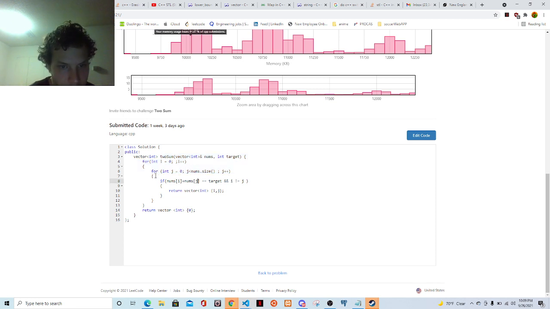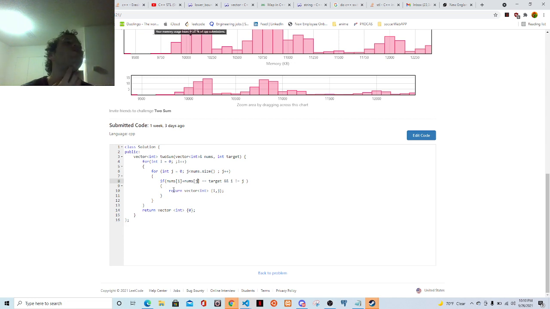That was just a basic solution where essentially I checked for nums[i] plus nums[j] equals target, and i doesn't equal j, because one of the conditions was that the index can't be itself, if that makes sense.